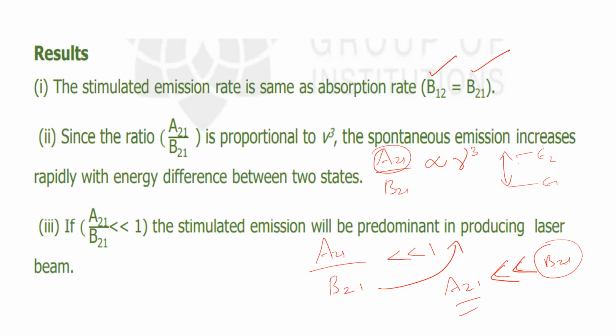So for laser transition or laser radiation, stimulated emission is the key factor. Therefore, for the stimulated emission process to occur, the stimulated emission process should be made predominant over the spontaneous emission process.